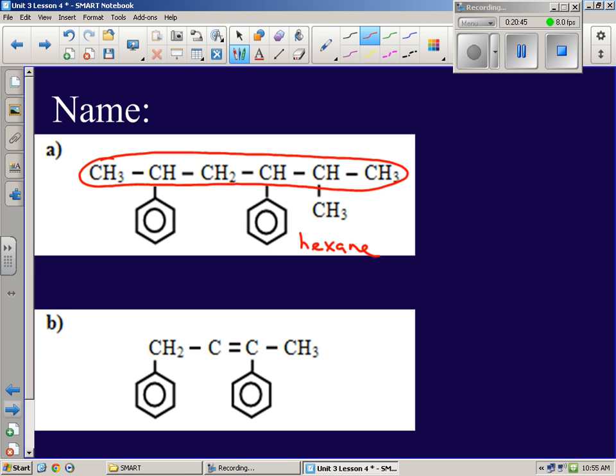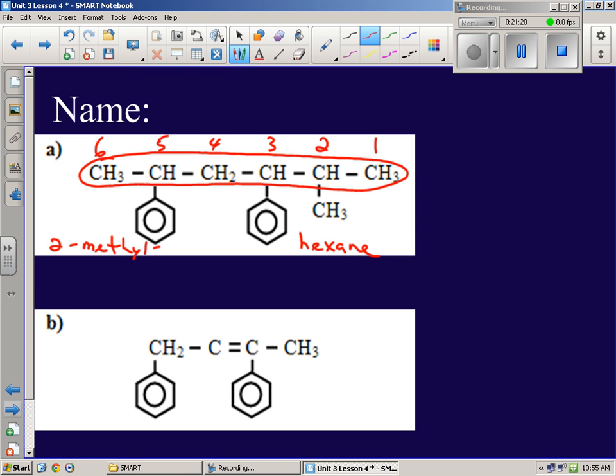You want to use the lowest numbers possible to describe these add-on groups. Well, I would probably start at this end, yes. 1, 2, 3, 4, 5, and 6, of course, would give me the lowest numbers for those add-on groups. On 2, I have a methyl, and on 3 and 5, those benzene rings have been added onto this chain, so we call them phenyl groups. So we're going to call this, let's see, what comes first? Methyl, I guess, yeah? Methyl and phenyl. Methyl. So I'm going to call this 2-methyl.